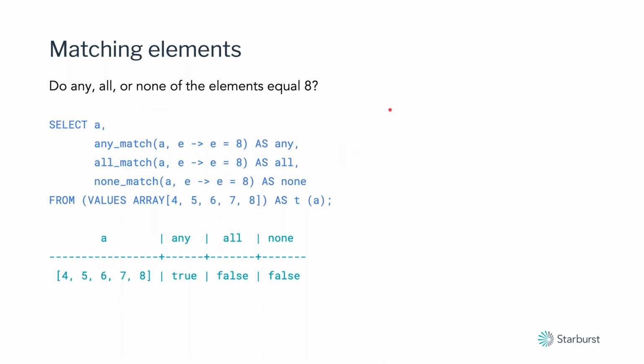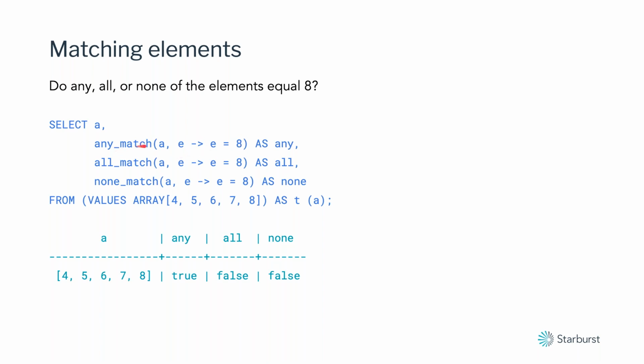Another thing you often want to do is matching against various elements of the array. We can ask whether any, all, or none of the elements in the array equal 8. We have an array of values 4, 5, 6, 7, 8. So we pass in any_match, which takes the array and then a lambda function with a single parameter, the array element, and our lambda expression is e = 8.